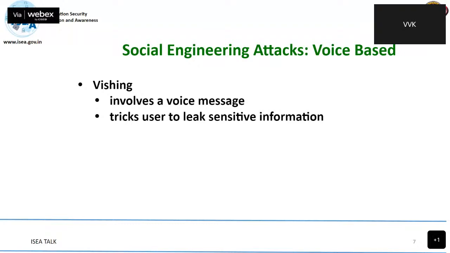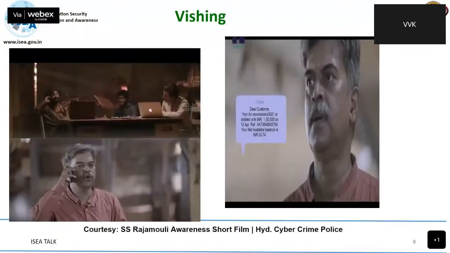Voice-based phishing also involves a voice message, and it tricks the user into leaking sensitive information. Like for instance here, assume a user gets a phone call saying you have some pending insurance amount to be claimed.